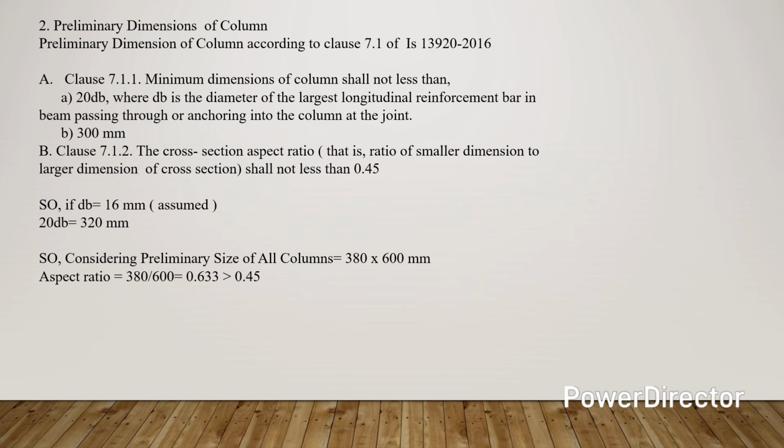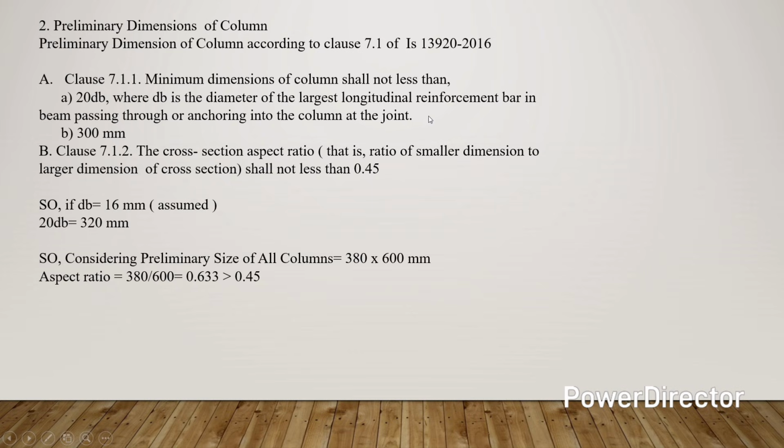So if we see clause number 7.1.1, to decide the minimum dimension, 20 dB. Here dB is the diameter of the largest longitudinal reinforcement bar in the beam passing through or anchoring into the column at the joint.